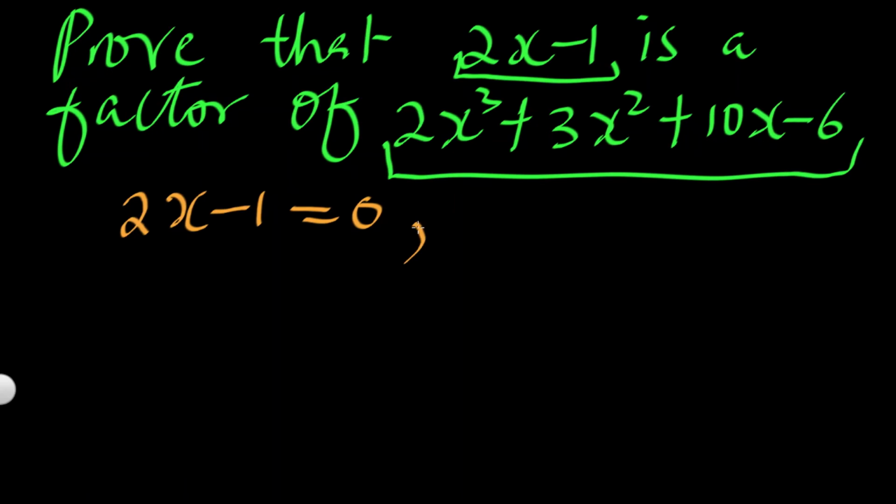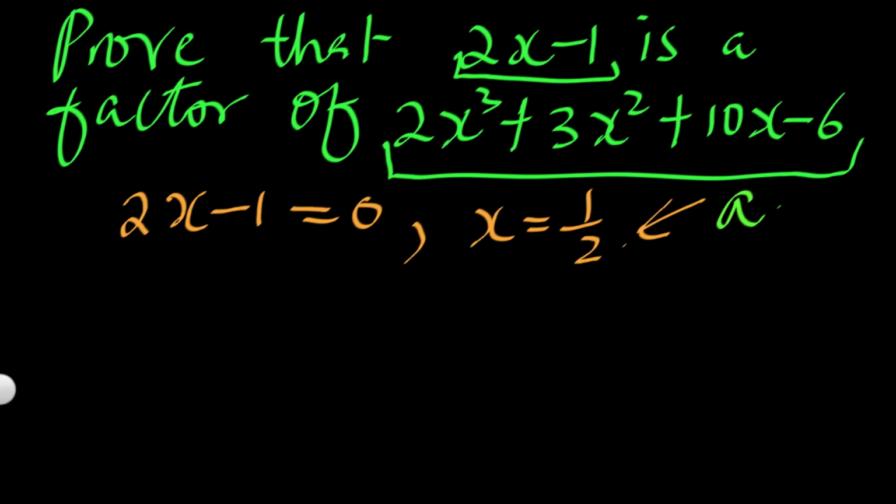If you solve for x here, x is equal to 1 over 2. This 1 over 2 becomes your a. That's your a.